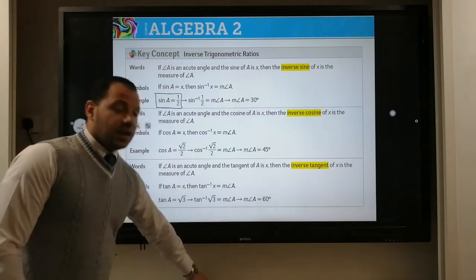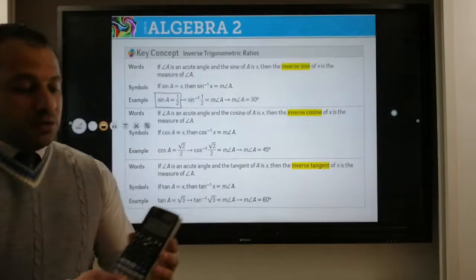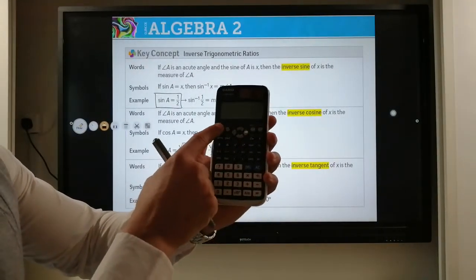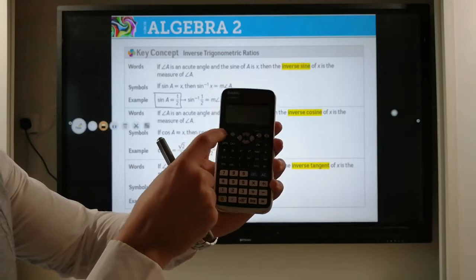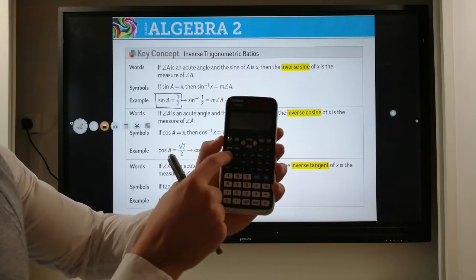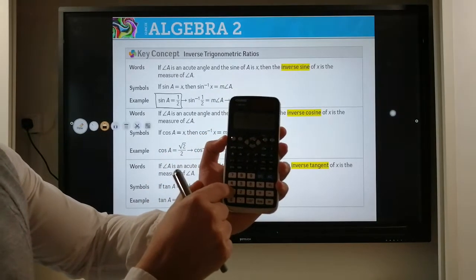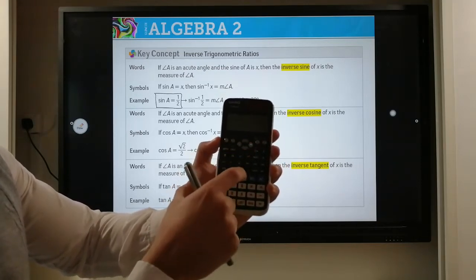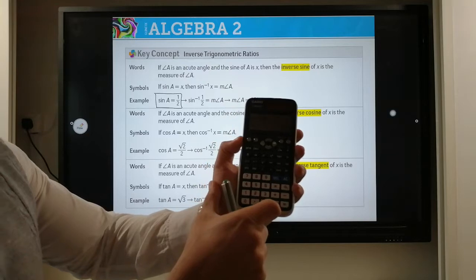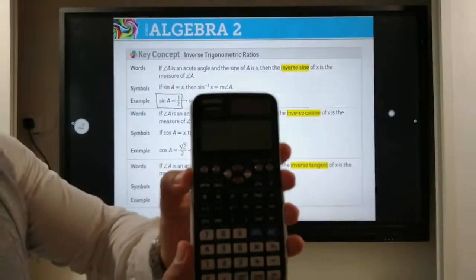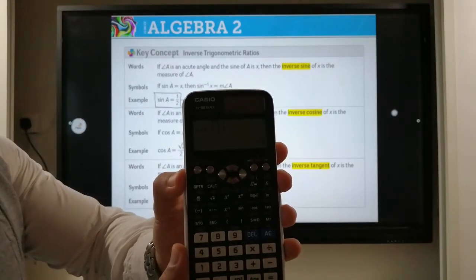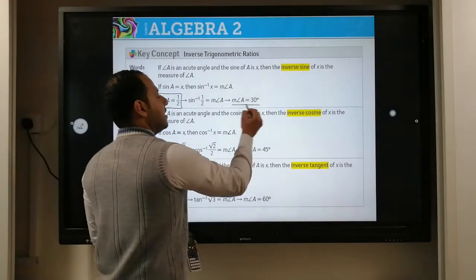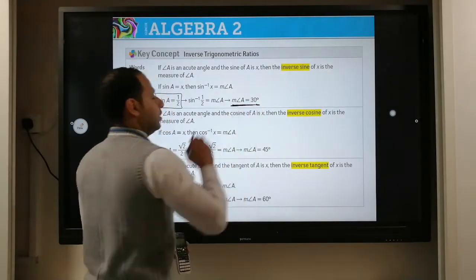In the calculator, I press shift sine, write the ratio 1/2, close the bracket and press equal. As you see, the result is 30, so the measure of angle A is 30.